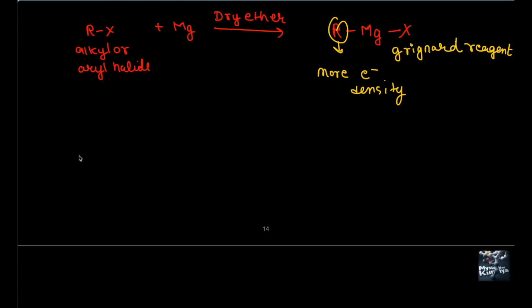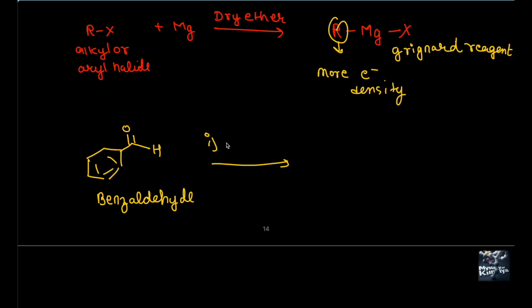As an example, let's start with this compound, benzaldehyde. Let's suppose we add C2H5MgBr. This is a Grignard reagent. In the first step, the carbon of C2H5 attacks this pi star, leading to the formation of an alkoxide ion.